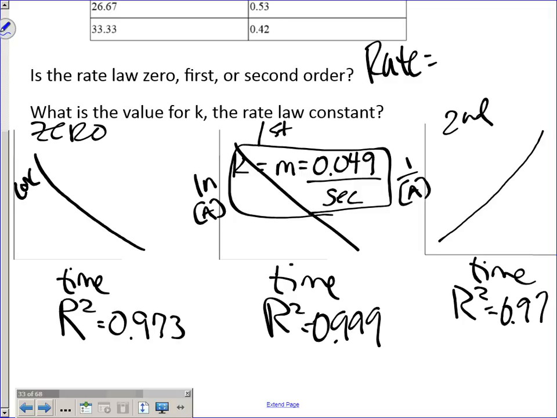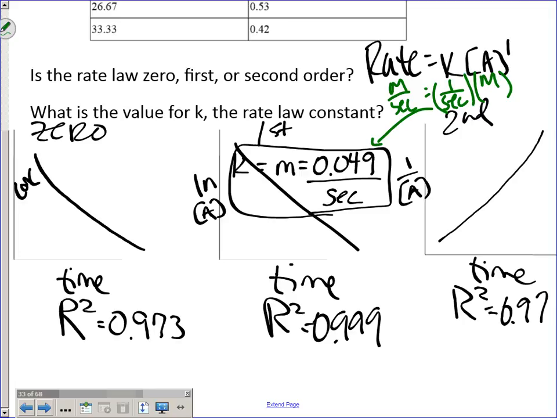Rate is equal to K times concentration to the first power, right? So if this concentration gives me a molarity, then K has to give me time to create molarity per time. So that's good. This is 1 over a second, hence why we did slope to be K.